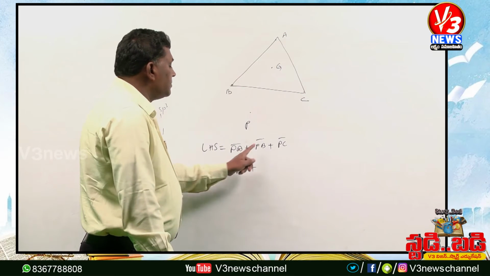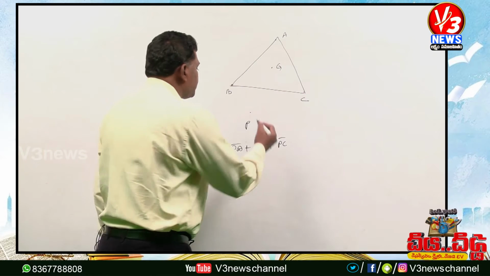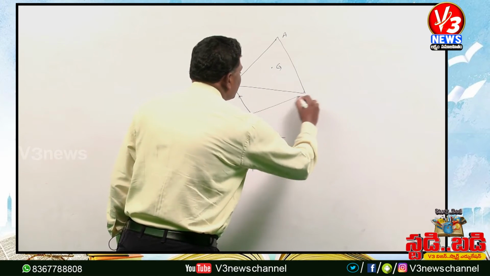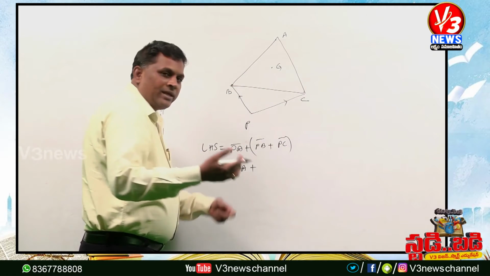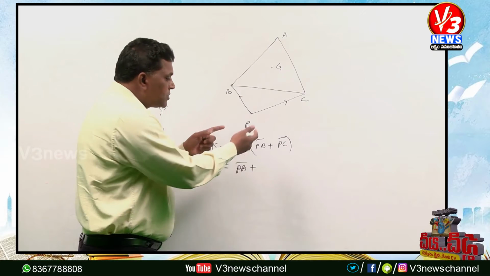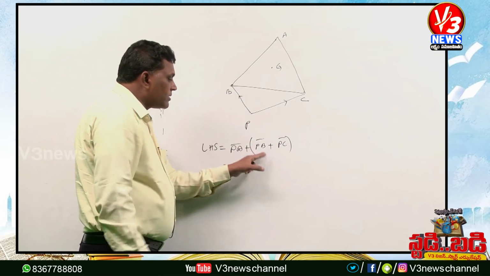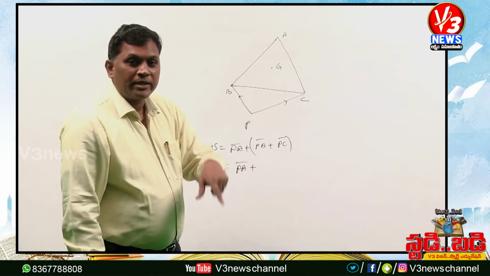Now PB bar plus PC bar, just observe the diagram once again. This is the PB bar vector and this is the PC bar vector. So are you getting any idea immediately by observing this? I am writing these two together. Is there any relation of this step with our previous median property? Try to recollect immediately.